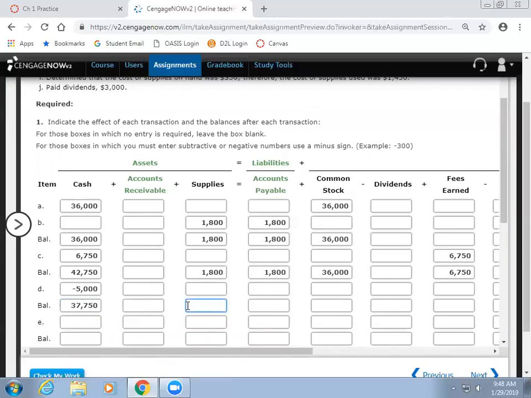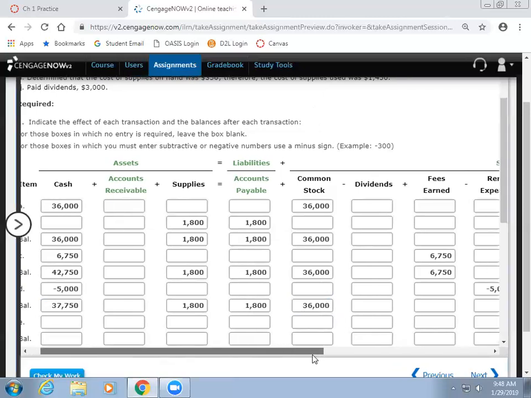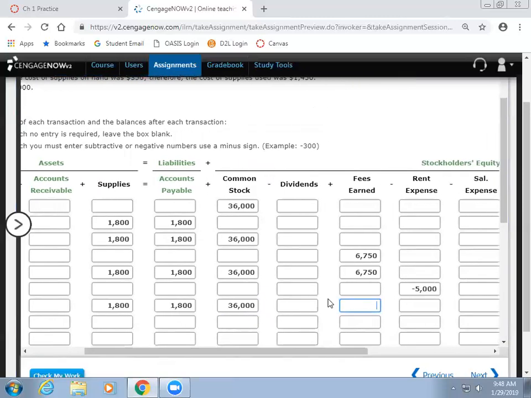And then again, I just carry down my balances for the rest. Supplies is 1,800. Accounts payable is 1,800. Common stock is 36,000. Fees earned is 6,750. And rent is negative 5,000.